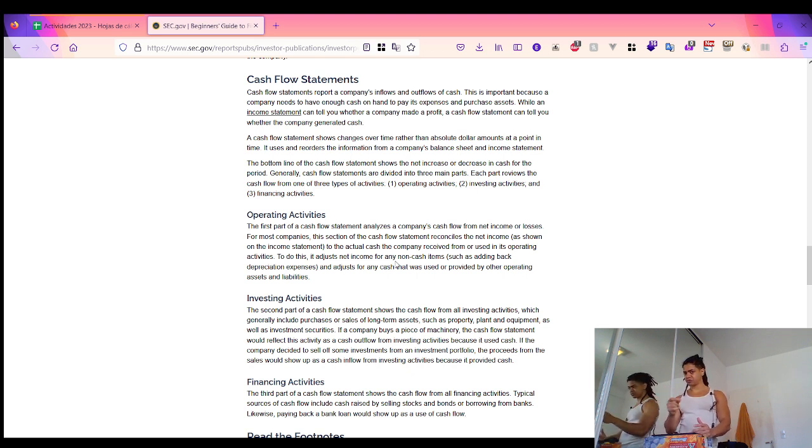Trade secrets, which is confidential data that a company uses to get a competitive advantage, as well as goodwill, which is the value of a company's reputation, brand recognition, and customer loyalty.